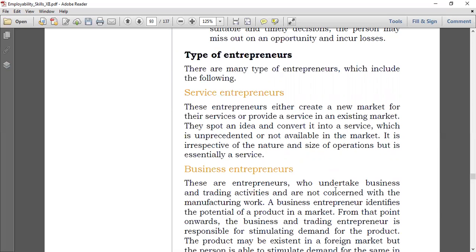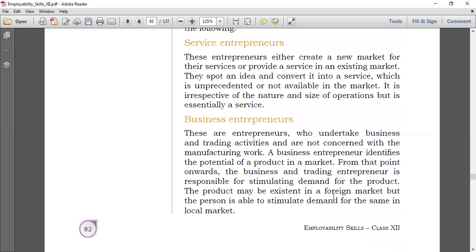Next is your business entrepreneurs who undertake business and trading activities, right? So business as well as trading activities come under a business entrepreneur, who identifies the potential of the product in a market.